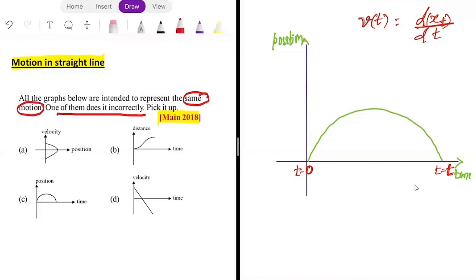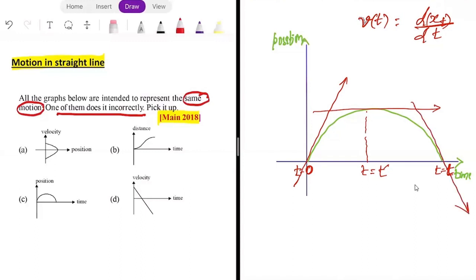हम चलते हैं तीन टेंजेंट ड्रॉ करते हैं यहाँ पे. Say at t is equal to 0 we are drawing one tangent. At some point t is equal to t prime we are drawing one tangent which is parallel to your time axis. And then at t is equal to T we are drawing another tangent.